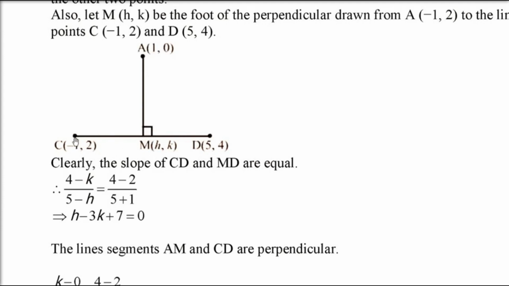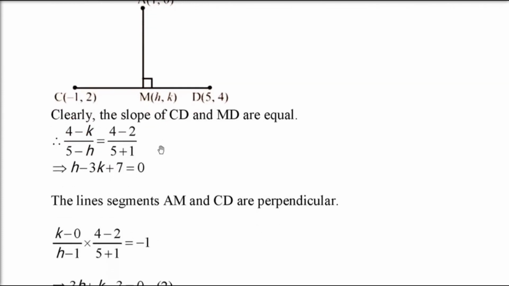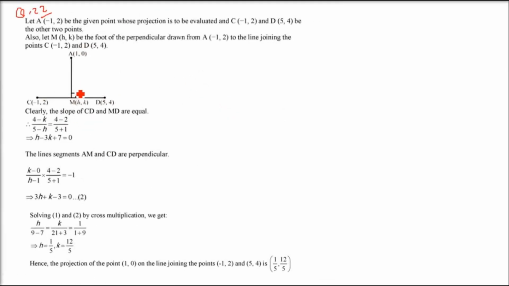This is a perpendicular. The slope of CD and the slope of AM, because they are perpendicular, multiplied will give minus 1. The slope of CD is (4 minus 2) by (5 minus of minus 1), and the slope of AM will be (k minus 0) by (h minus 1). There are two partitions of this line. The slope of CD and the slope of MD are equal.